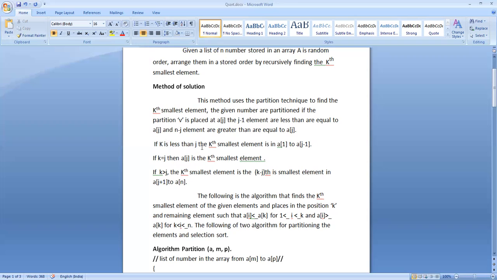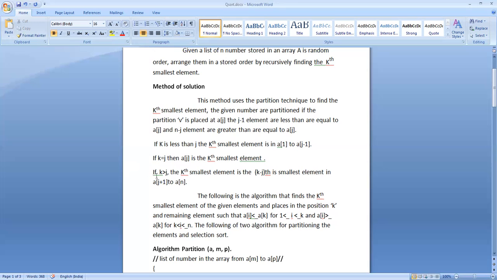So if k is less than j, the kth smallest value is in a of 1 to a of j minus 1. Otherwise, if I want to find the 7th smallest value and the partition straight away places the partition value in the 7th location, then k is equal to j, and the kth smallest value is found in the very first attempt.